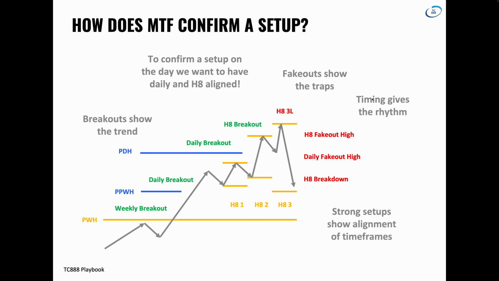Then timing gives the rhythm, as we said. So you want to look into the story of your specific session. For these kinds of trades, sometimes it's also okay to take a blow off with the open first bar. I like to do that.